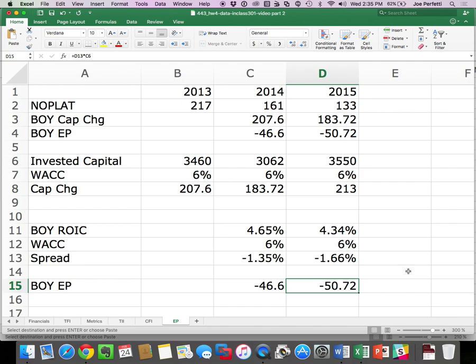What they did with economic profit is they said, let's look at the change in value of a company year by year, and let's add that up, and that's the change in value of the company over time. So economic profit is a one-period change in value of the company. If you sum all those one-period changes in value in the future and discount them, you get the overall change in value.